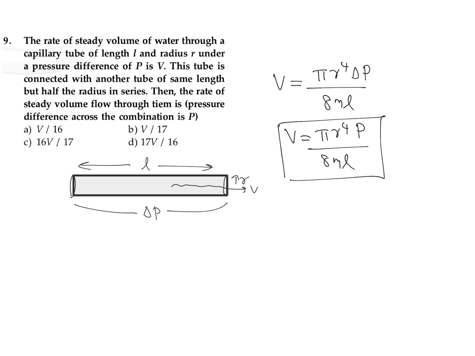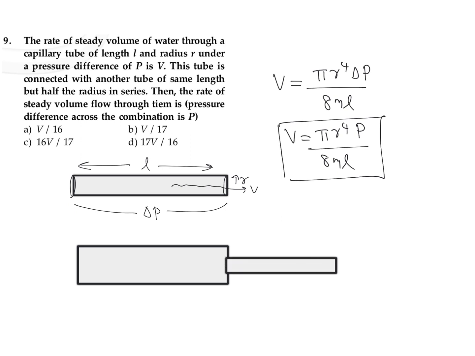Now in the next part of the question, it is given that this tube is connected in series to another tube of the same length but half the radius. So the radius of this one is R and the radius of this one is R by 2.